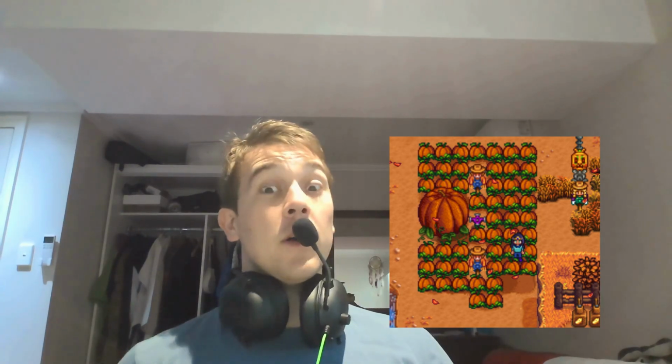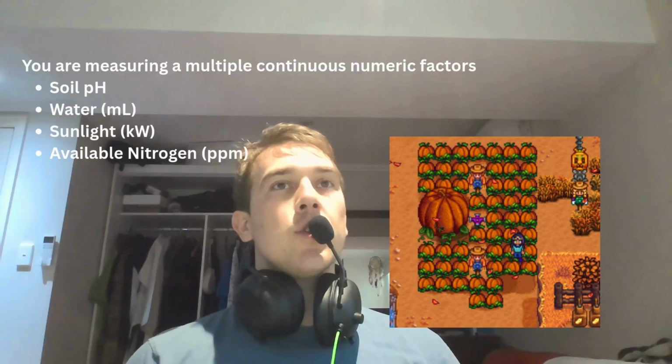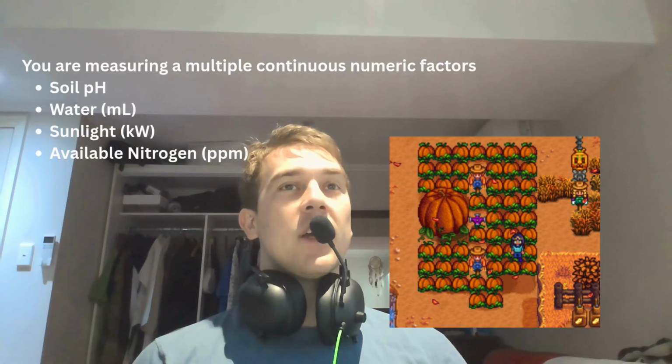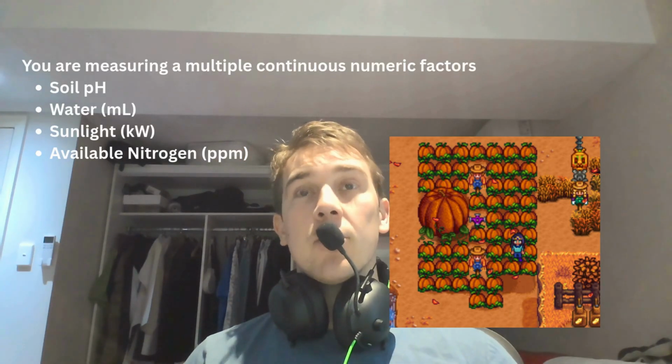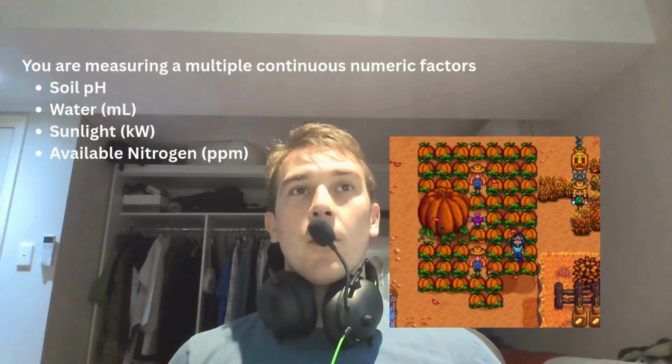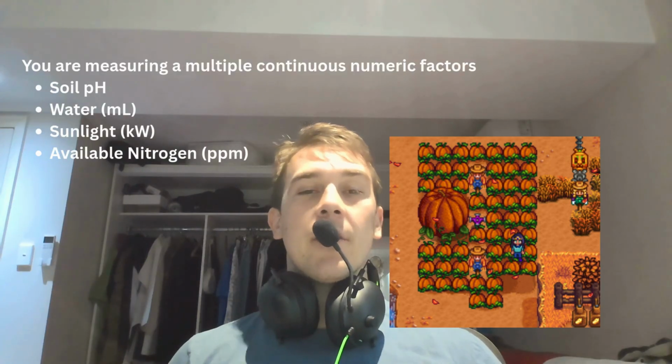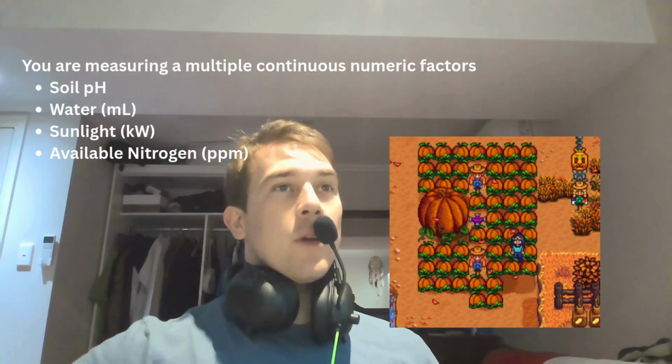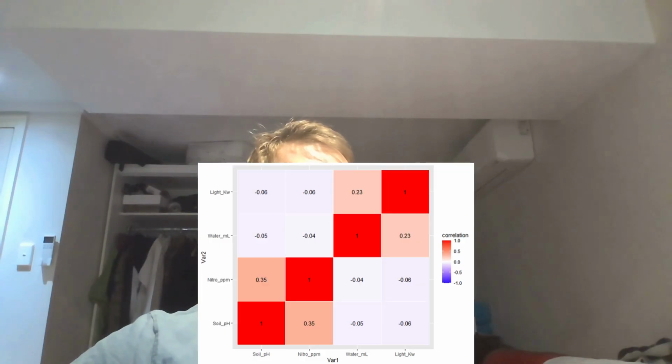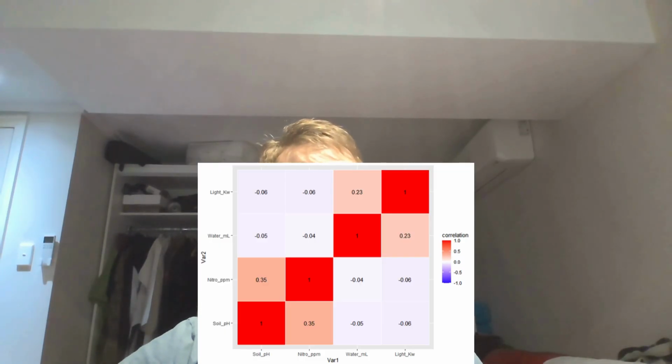For example, maybe we're talking about a pumpkin patch and recording soil pH, how much water there is, how much sunlight, maybe the available nitrogen, and we want to see the correlations between all the different factors in one plot. We use a correlation matrix for that, where you have all the different variables lined up on both axes, and at the intersection on the grid you have that R number, and you possibly use color to represent how strongly correlated they were.